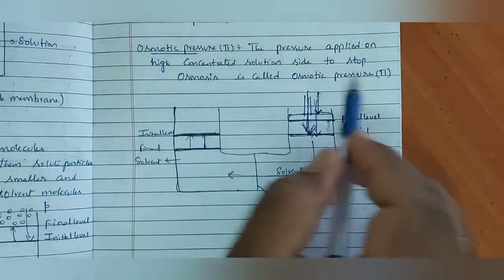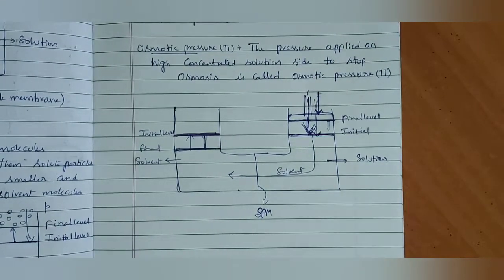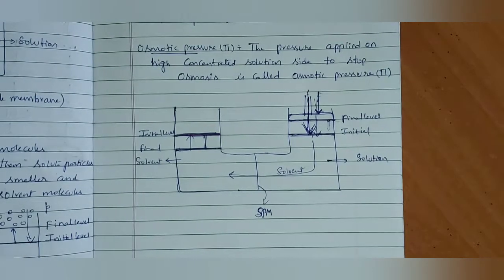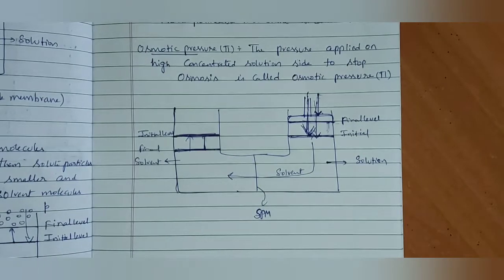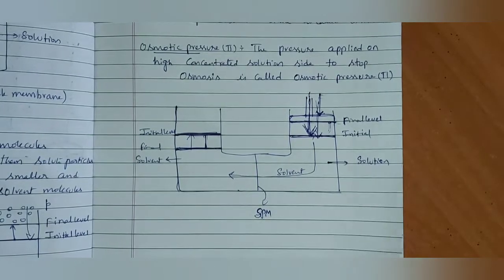That is called osmotic pressure, and it is represented by pi. This is the definition: the pressure applied on the highly concentrated solution side to stop osmosis is called osmotic pressure. I hope you are clear, ma'am.